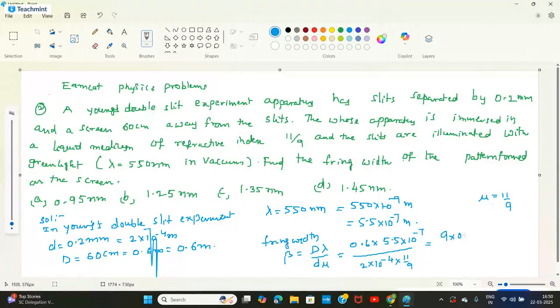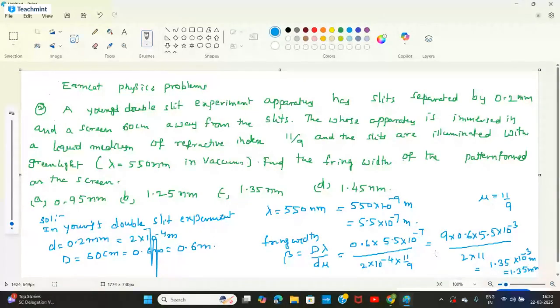That is 9 into 0.6 into 5.5 into 10 power minus 3 divided by, this is 2 into 11, and on simplification we get 1.35 meters. 1.35 into 10 power minus 3 meters, and that is equal to 1.35 millimeters.